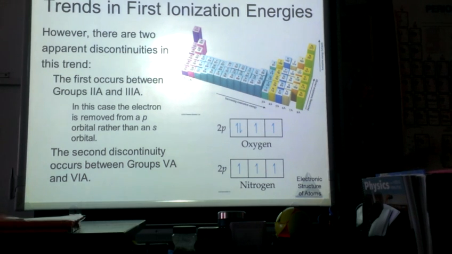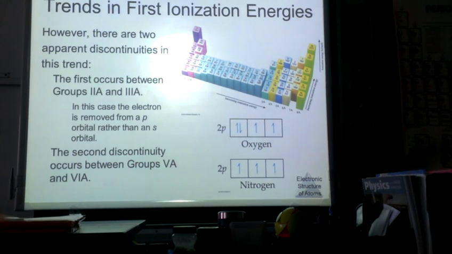And why is that? That's because when I'm in the alkaline earth metals, ultimately what I see is that the s orbital is full. It has the 2 electrons that it needs to be full.